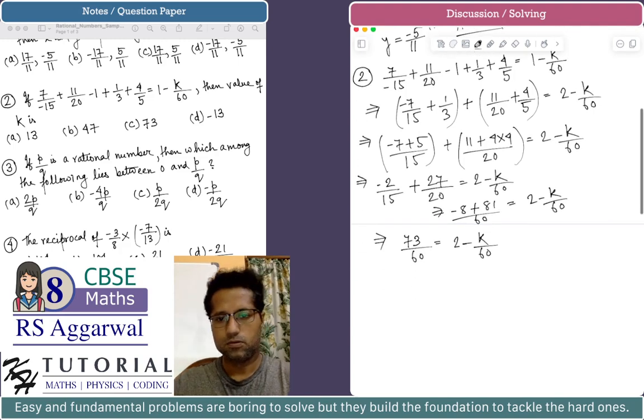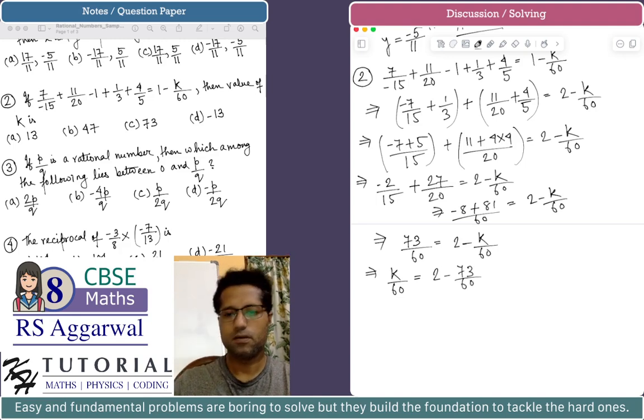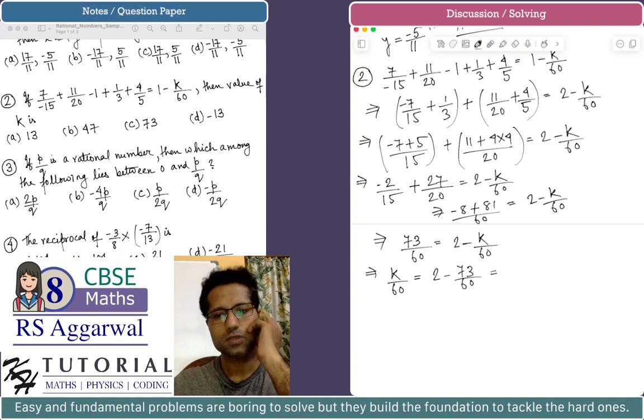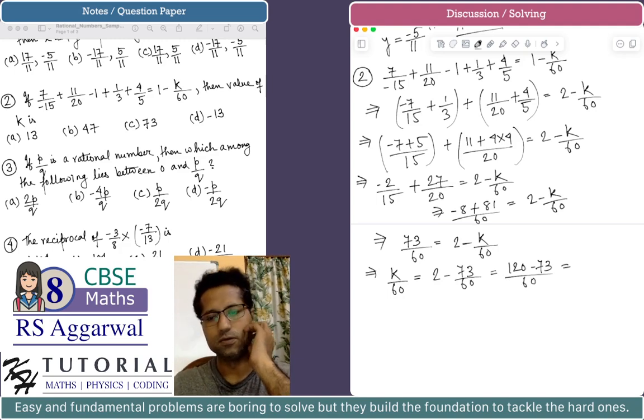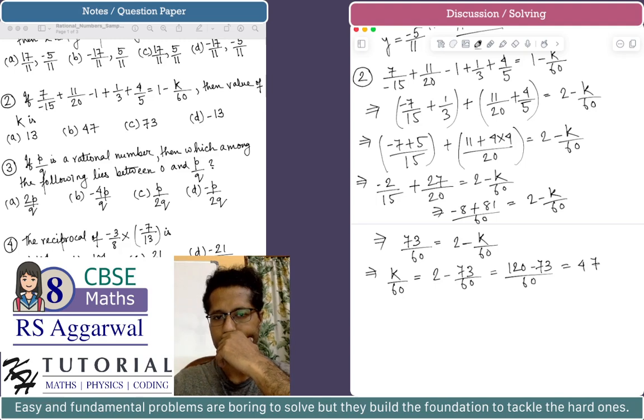Okay, so this implies, if I bring the k by 60 term to the left hand side, and all the constant terms to the right hand side, I get 2 minus 73 by 60, which is equal to 120 minus 73 by 60, which is equal to, how much is this? 47 by 60.